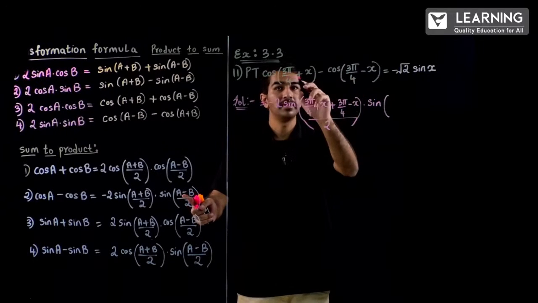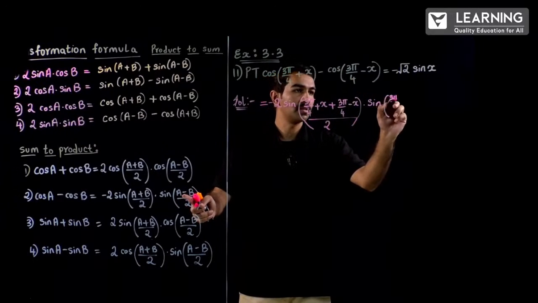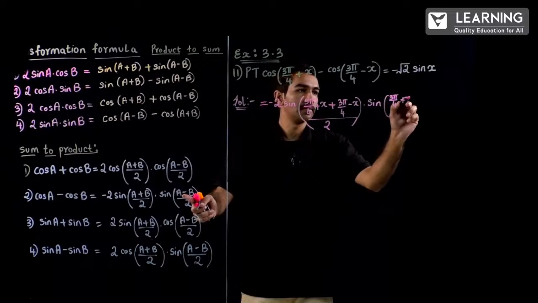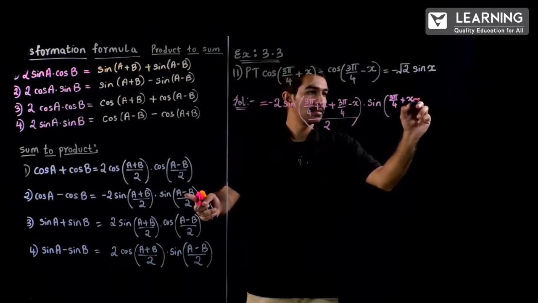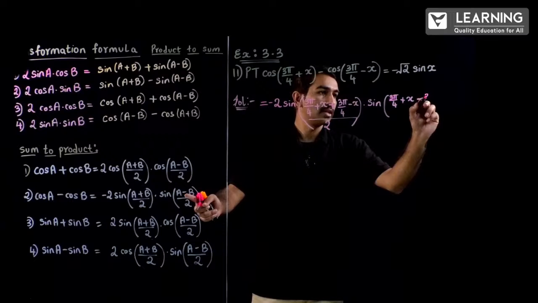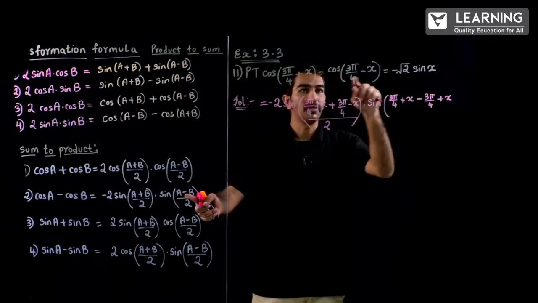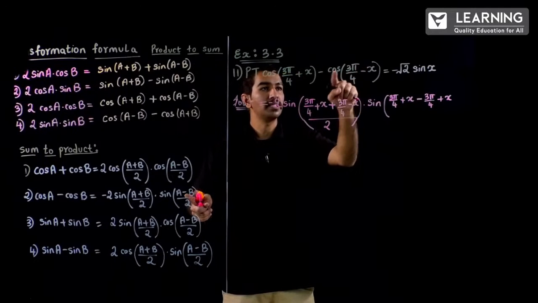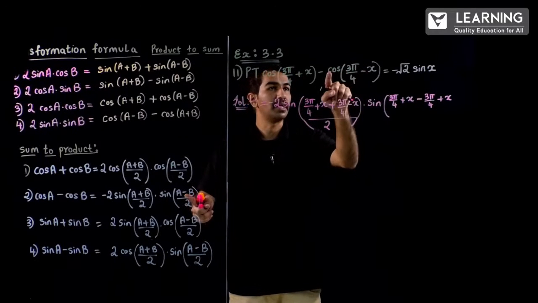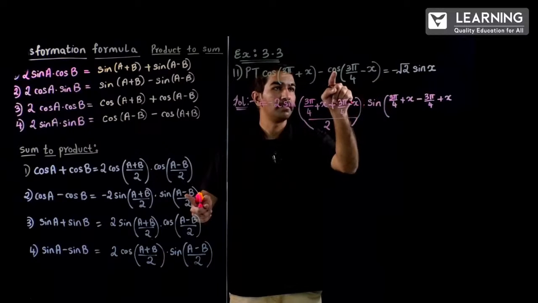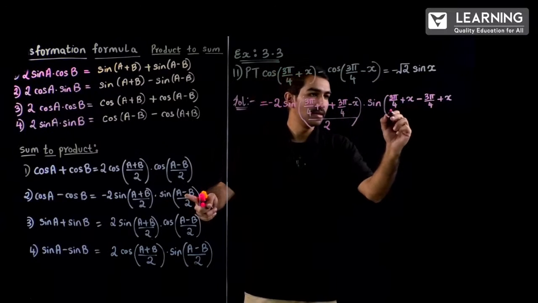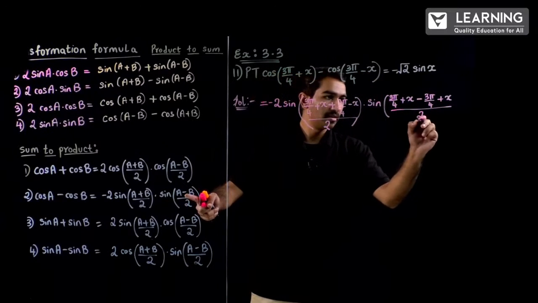What is a again here? 3 pi by 4 plus x minus b. So that will become 3 pi by 4 plus x, correct? If you distribute the minus sign inside, minus into plus is minus, minus into minus is plus. The whole divided by 2 again.